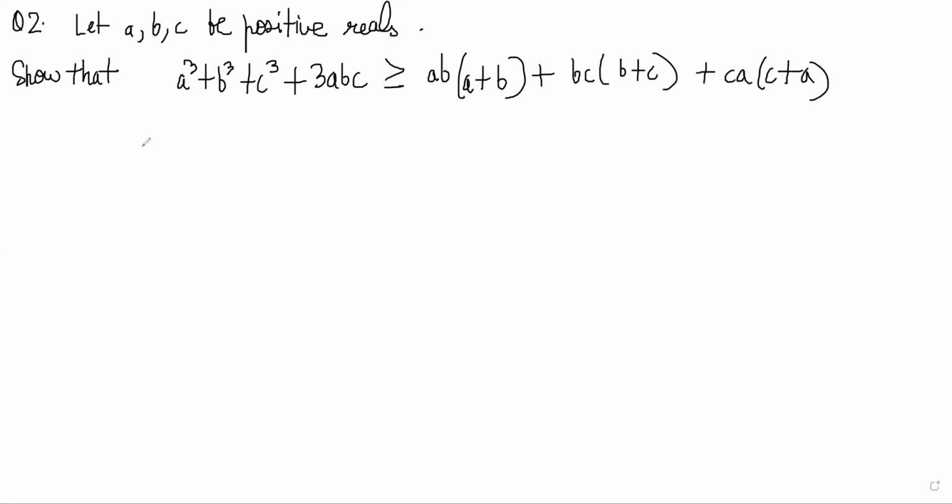So again, here the technique that we'll use is to compare these two by difference. So we'll try to find LHS minus RHS, and we have to show whether it is greater than 0 or lesser than 0.